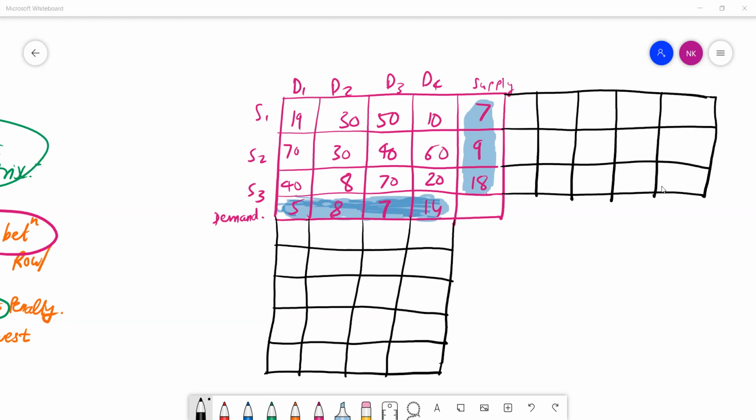Okay, so let's have the discussion for row penalty 1 and column penalty 1, and let's proceed with the first penalty. I guess you would have done the first penalty. So what will be in row penalty 1?